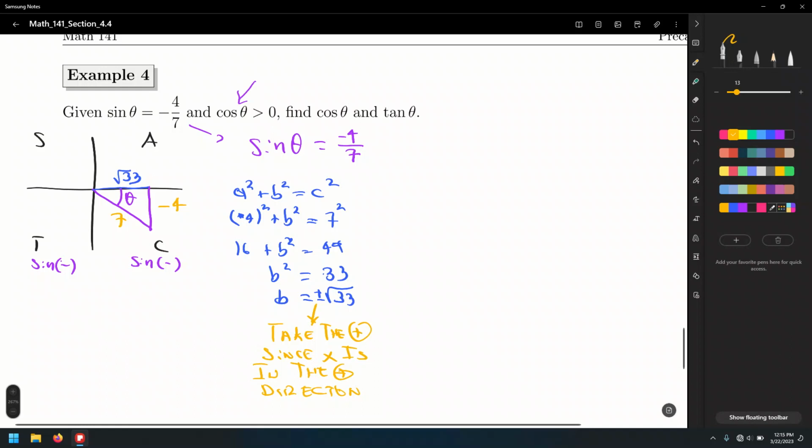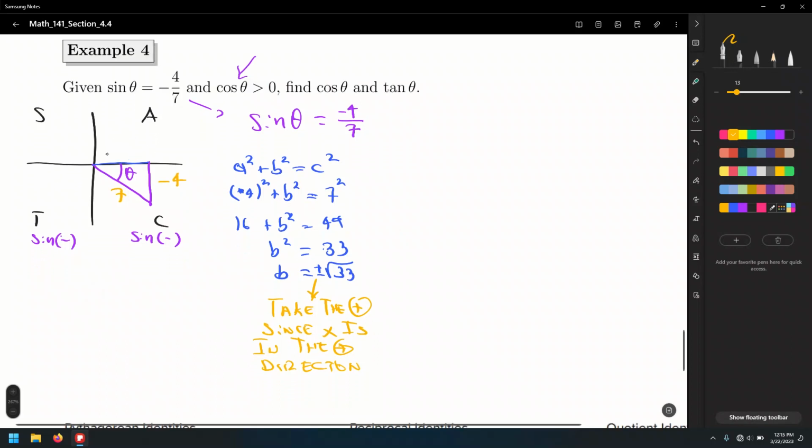All right, now that we have the three sides of the triangle, we're good to go and evaluate cosine, which is adjacent over hypotenuse. That is the square root of 33 over 7, and no need to do anything else in here. No need to rationalize any denominator.